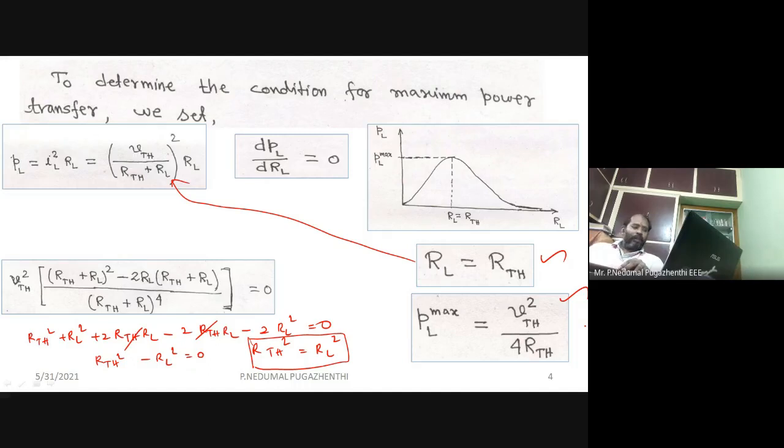And if you are supposed to know the maximum power that can be transferred from the source to the load resistor, then first convert the network into a Thevenin equivalent circuit, then equate R Thevenin to RL. That's the condition we have derived so far. Apply R Thevenin equal to RL in the power formula and find the maximum power. That is how your problems will go on.